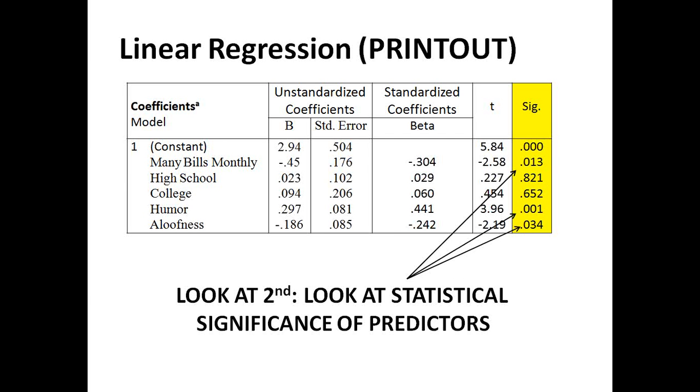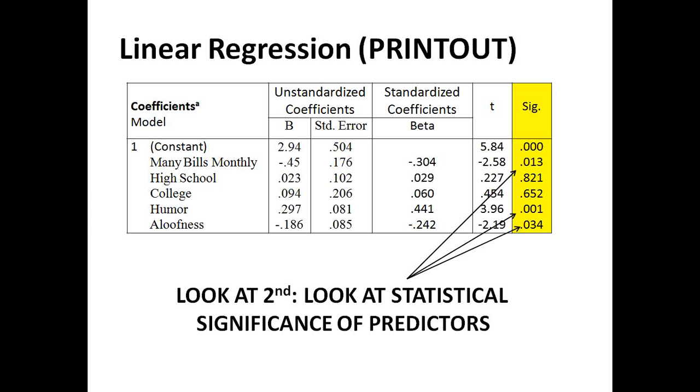Okay, so the first thing we want to know about the predictors is which predictors are statistically significant. Which predictors are related to the dependent variable at a statistically significant level. And of course, the probability, which is the significance, must be below 0.05. So we see through little arrows, the first one, many bills monthly, is below 0.05.